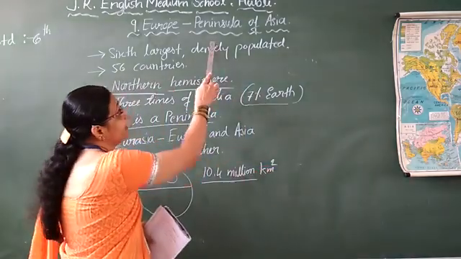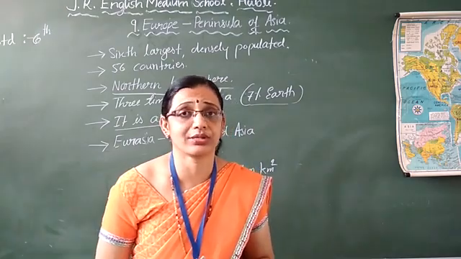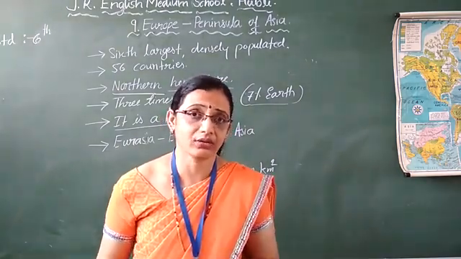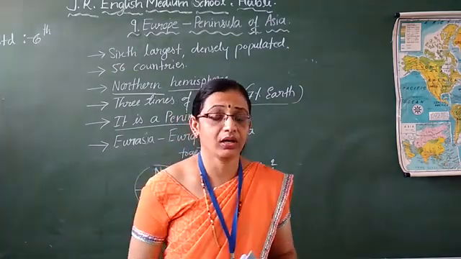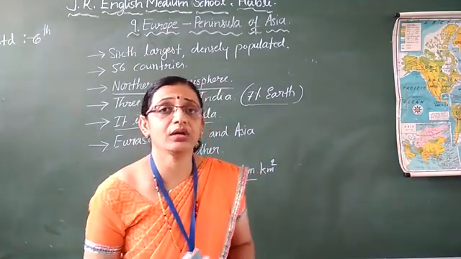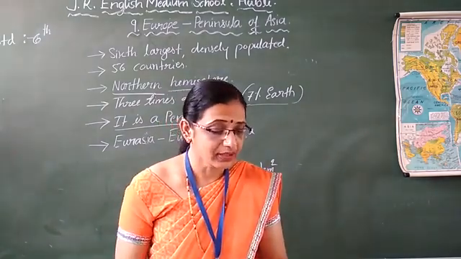It is called the Peninsula of Asia, children. Later I will explain why it is called so. According to their speciality, all the continents are called by another name. Just as Asia is called the land of contrast, Europe is called the Peninsula of Asia.